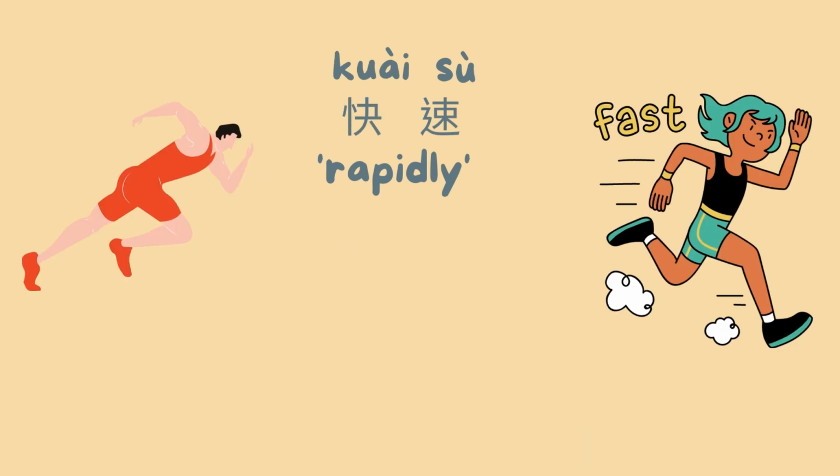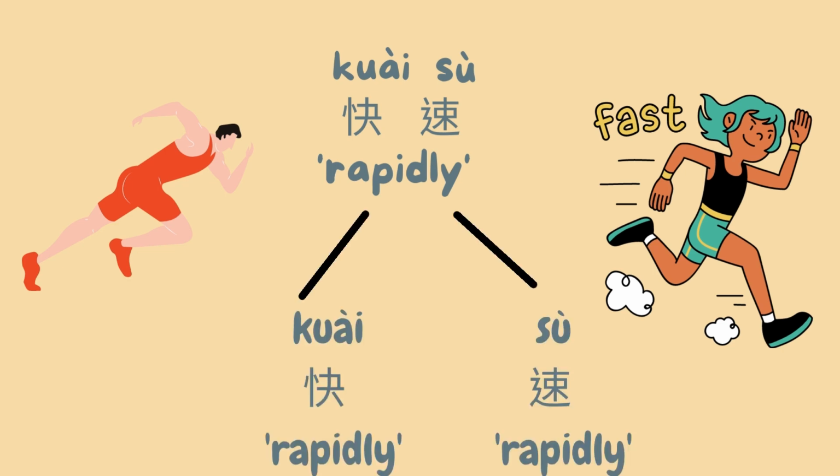The next word has very similar meaning and usage as the previous one, 迅速. The word 快速 also means rapidly. Both the constituent characters 快, rapidly, and 速, rapidly, are synonymous with one another and with the word they form.